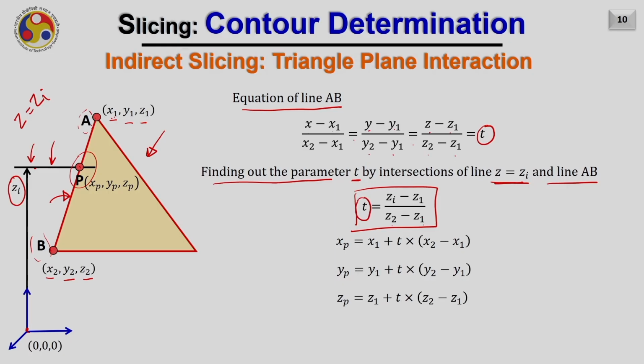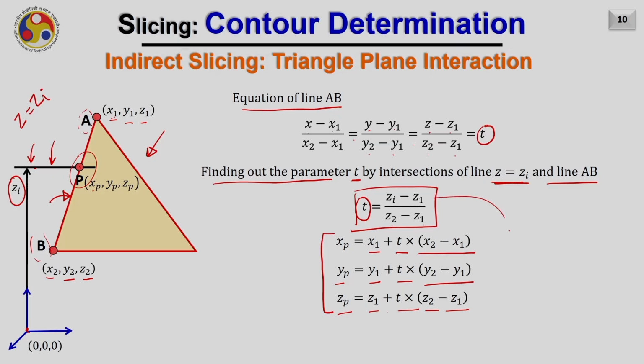Once we know t, we can easily find the coordinates of point P. Those will be xp, yp and zp. xp will equal x1 plus t into x2 minus x1, yp will equal y1 plus t into y2 minus y1, and zp equals z1 plus t into z2 minus z1.